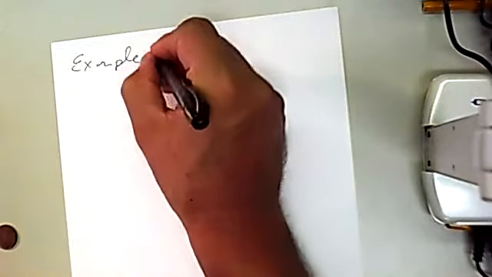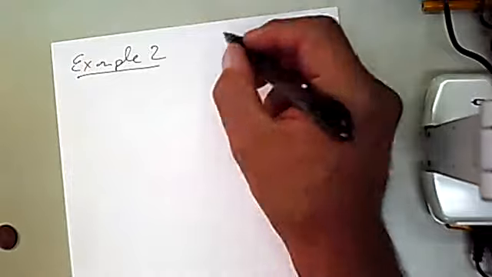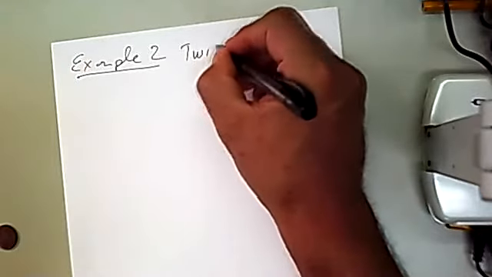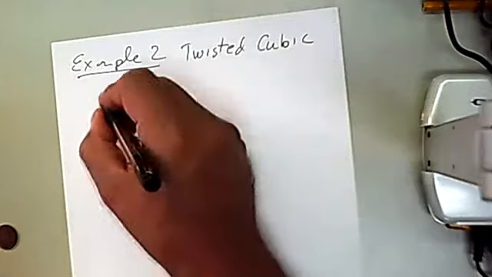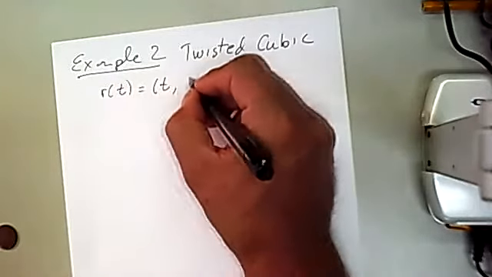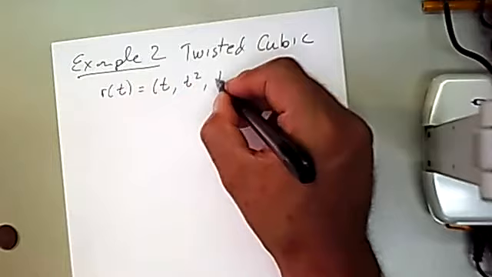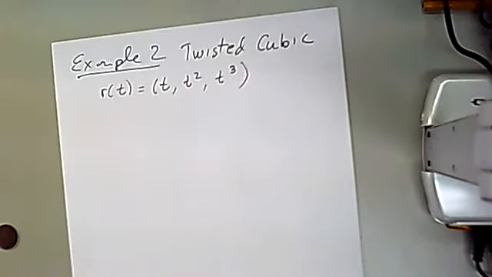All right. Example 2 is what is called a twisted cubic. It has equation r of t equals t, t squared, t cubed. All right.